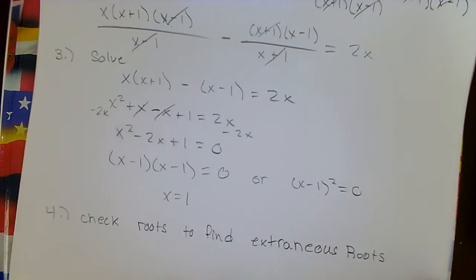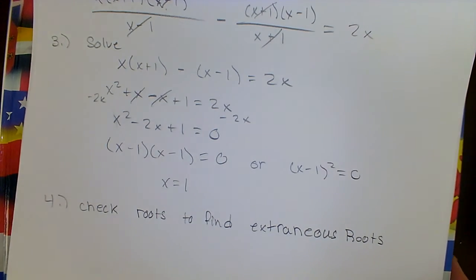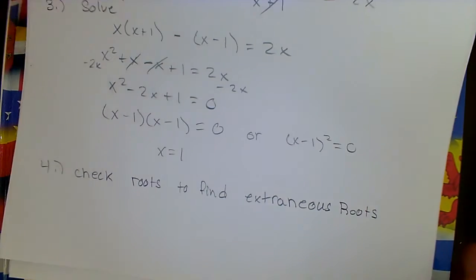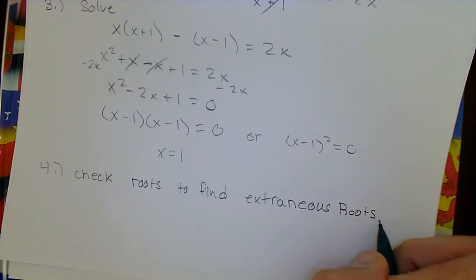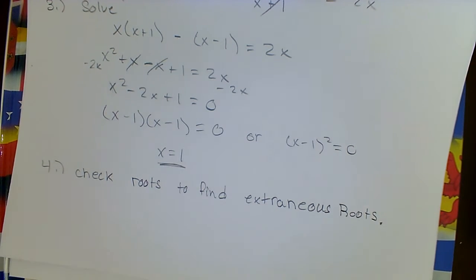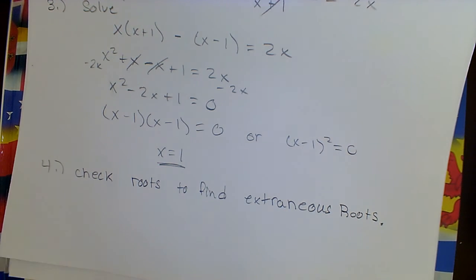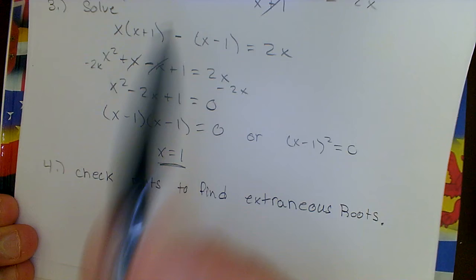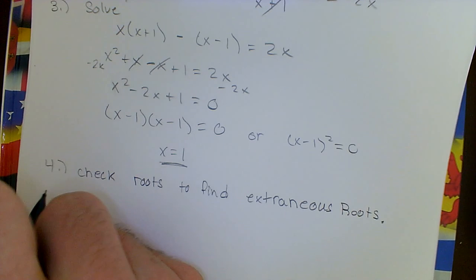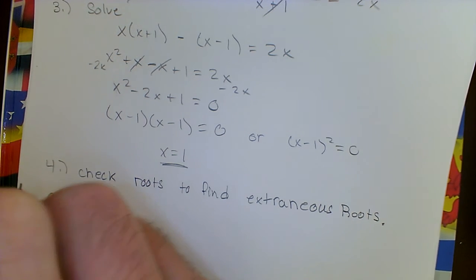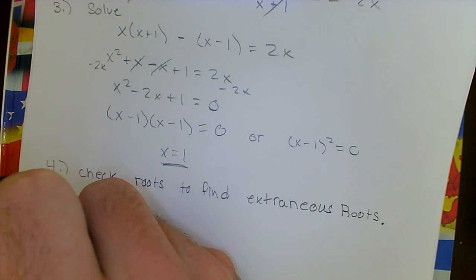Okay, so we did this in the last example, but I didn't write out the step. So check your roots to find extraneous roots. Okay, so the root that we have to check is x equals 1. So again, we're going to take that and put that into the original expression or equation.